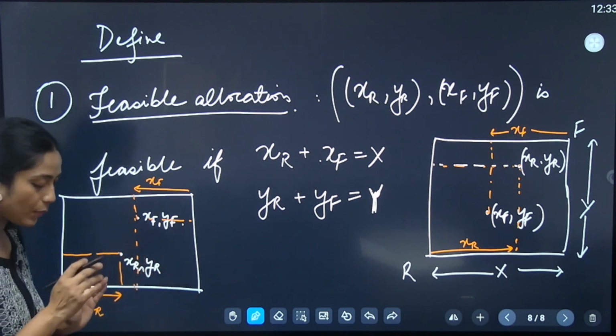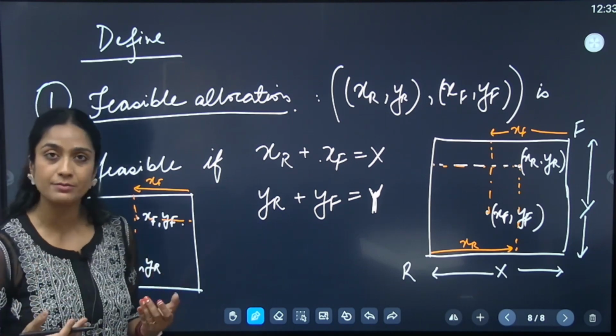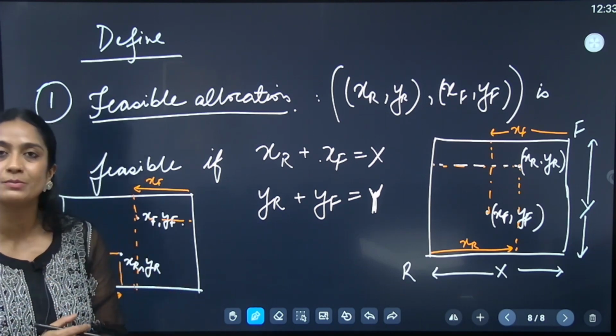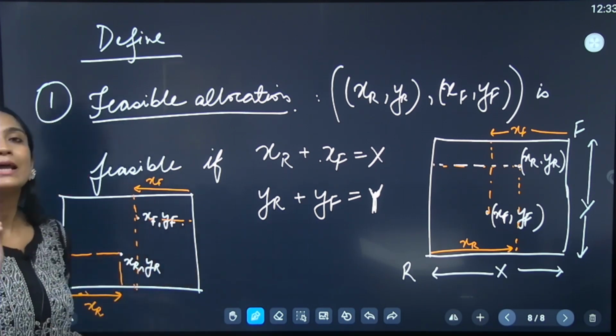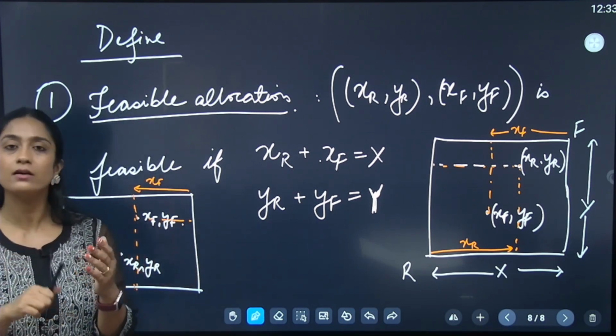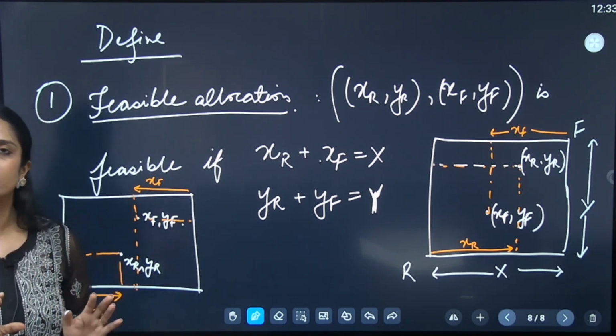The only allocations which are feasible in this economy will be the allocations which can be represented by a single point on the Edgeworth box.